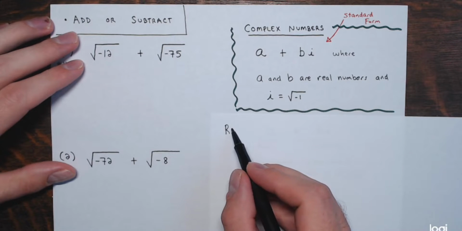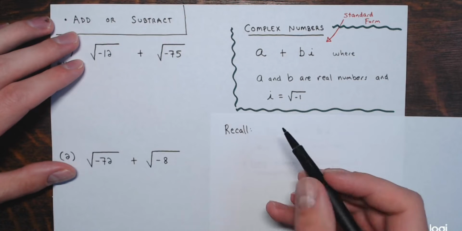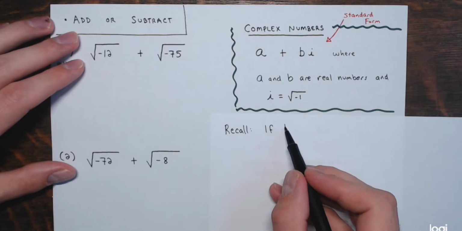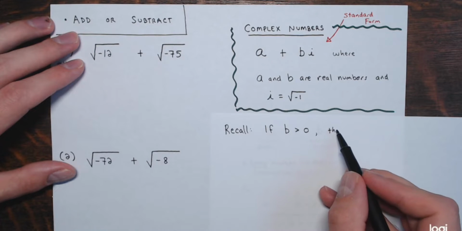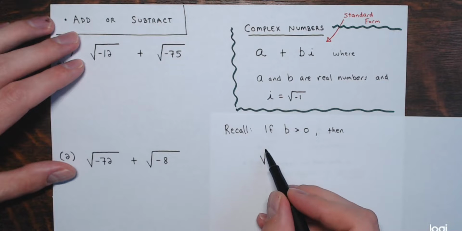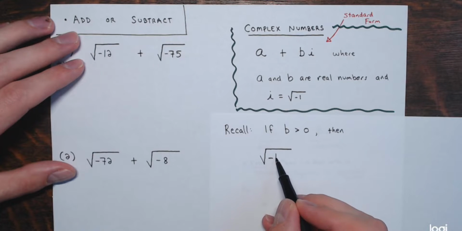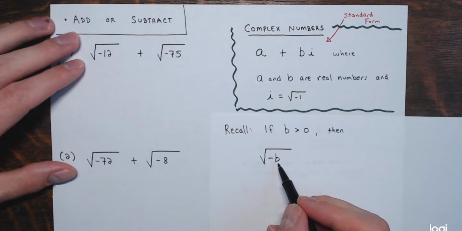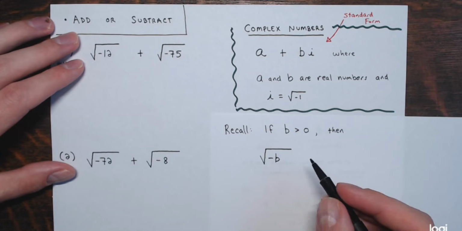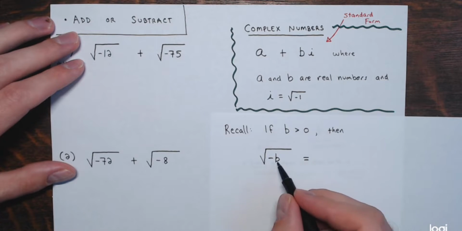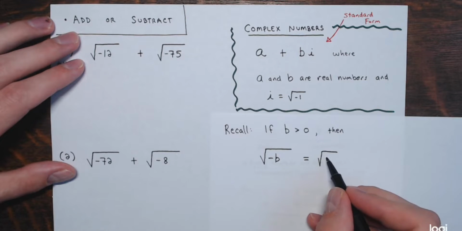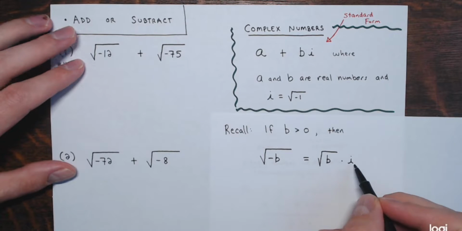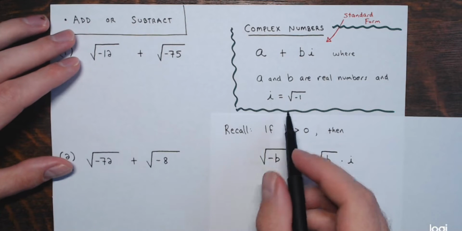So I'm going to put, recall, hopefully you remember this, that if, say, b is a positive number, then the square root of negative b, remember the square root of a negative is imaginary, we are going to automatically rewrite as an imaginary number, as the square root of just b, a real number, times i, where, again, i is the square root of negative 1.